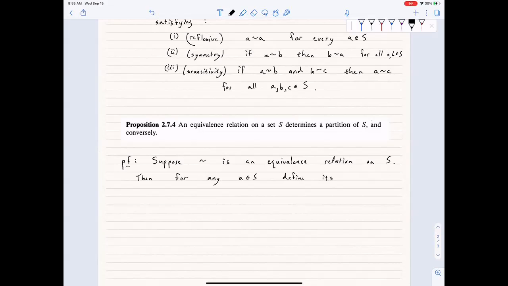This is a notion, equivalence class. This is Artin's notation, he'll use C sub A. Other people will use notation like A bar, which is also used frequently, but this is Artin's notation.